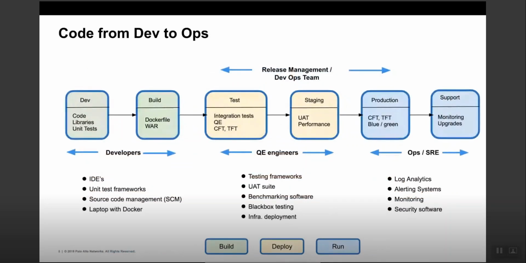Just to give you maybe a different view of how we move from development through to operations: we're essentially starting out by building the code in whichever tools we're using.